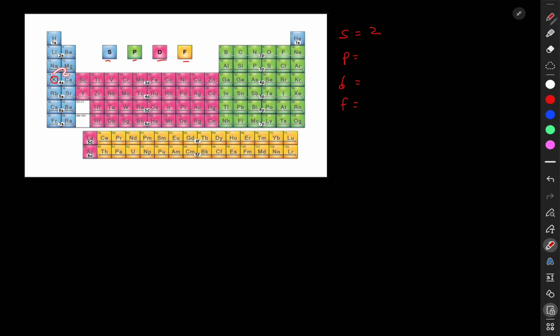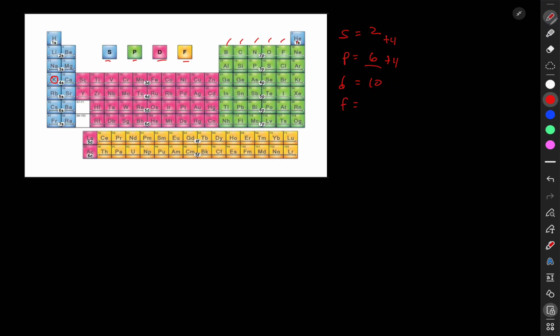You go to the p block and you say, okay, well, if this is plus 4, this is 6. Where is the only block in the periodic table that has 6? Well, count 1, 2, 3, 4, 5, 6. That's 6. What about the d? Which block here holds 10?